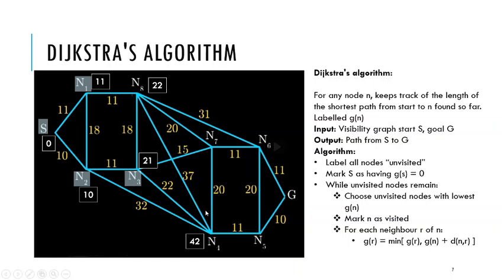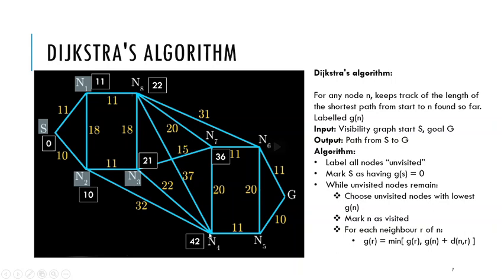And then for n7, it's 21 plus 15, which is 36, so I am going to write it here as 36. What else is remaining is n4. I have the path for n4, so 21 plus 22 is 43, but we already have a shorter path, 42, so we will not write 43 over here.